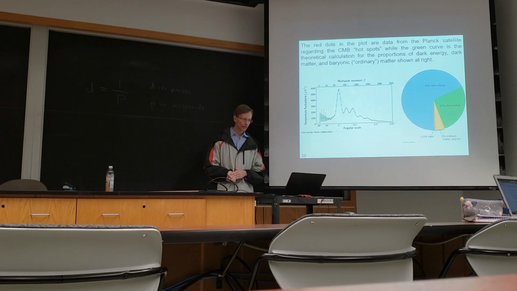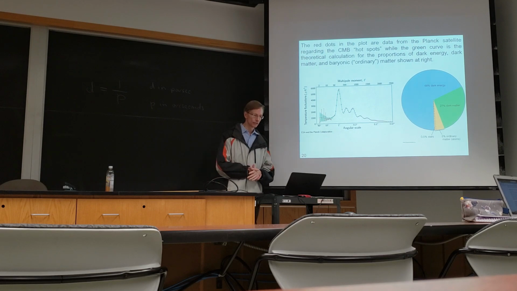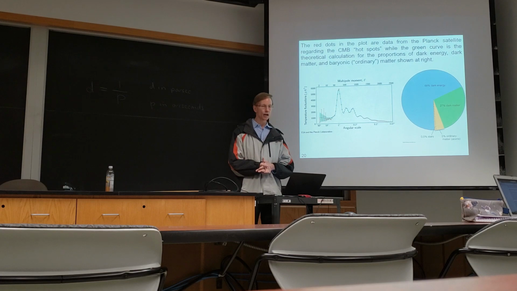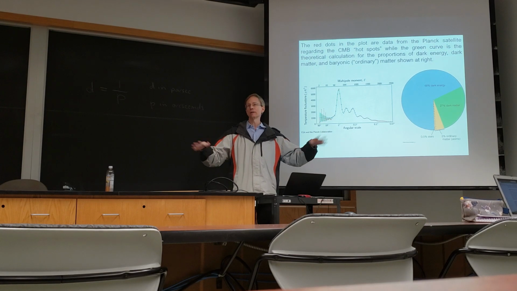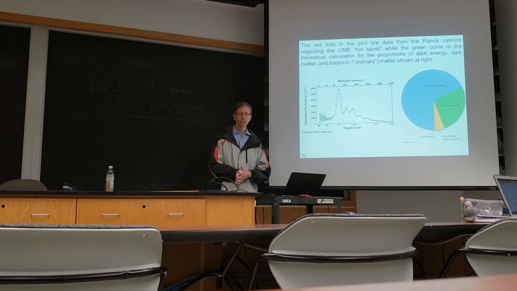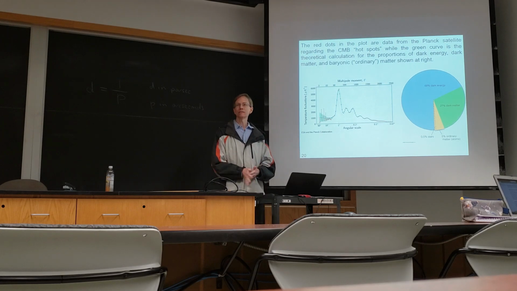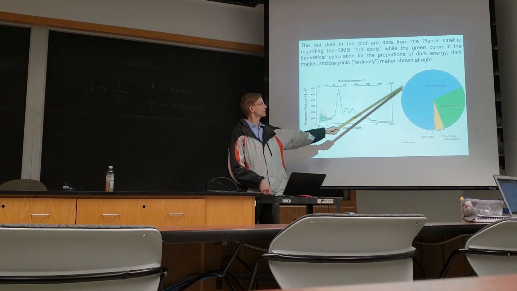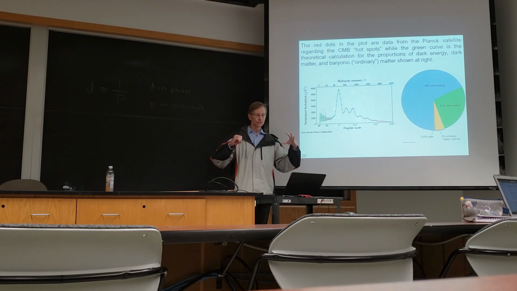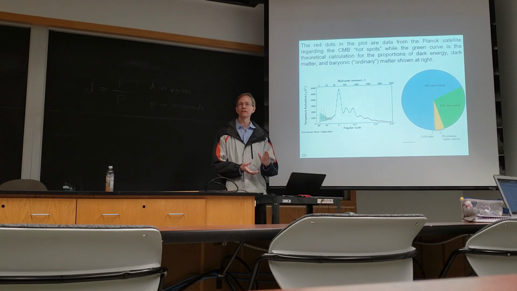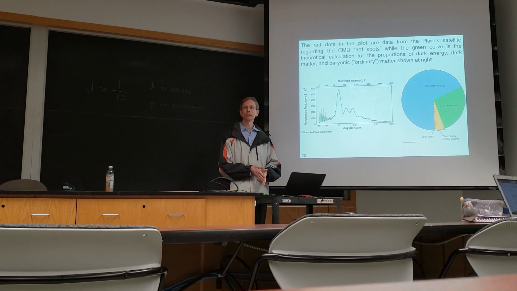And that's one of the most remarkable discoveries in astronomy in the last 20 years, or for that matter, any time. It's a remarkable discovery, but it seems to be correct. And it seems to be that more than 2/3 of the matter energy in the universe is in the form of this mysterious dark energy that we don't know what it is yet. So it's a Nobel Prize waiting to happen.